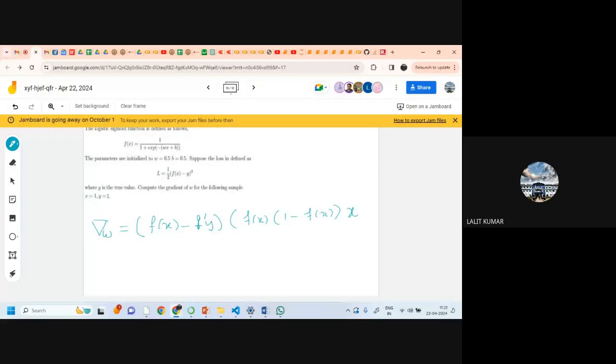So we'll have to calculate f(x) at X is equal to 1 and Y is equal to 1. Therefore, f(x) is equal to 1 over 1 plus e to the power minus 0.5 plus 0.5, so it's minus 1, plus 0.5. So this value we have to calculate.